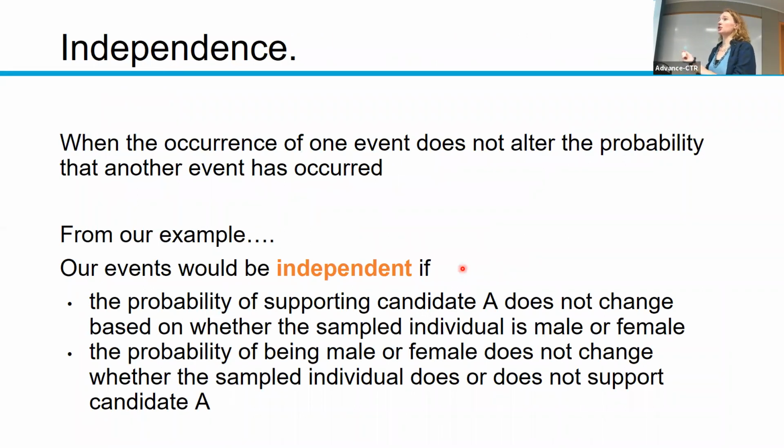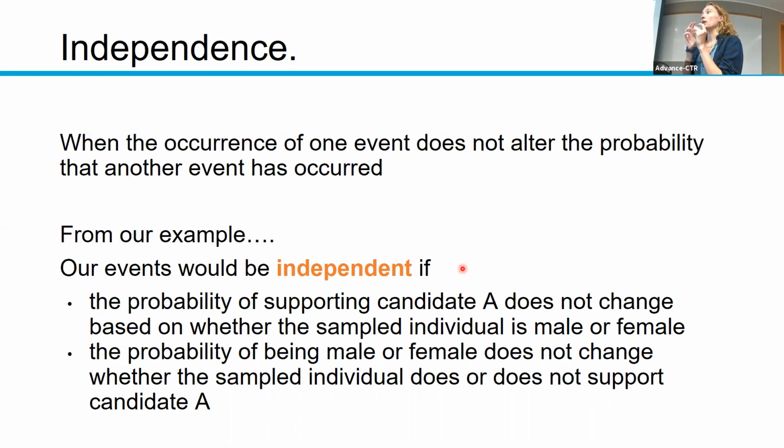The next thing that I want to talk about before I get into the inference is independence. The definition of independence is when the occurrence of one event does not alter the probability that another event has occurred. From our example, our events would be independent if the probability of supporting candidate A does not change based on whether the sampled individual is male or female.